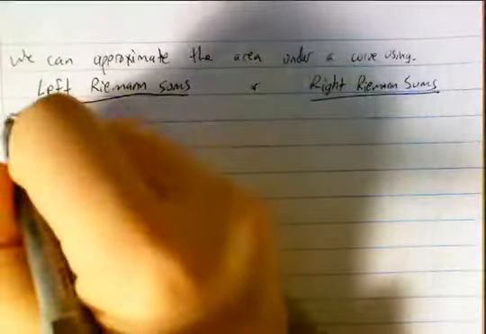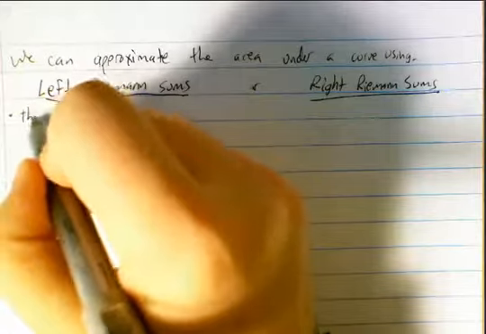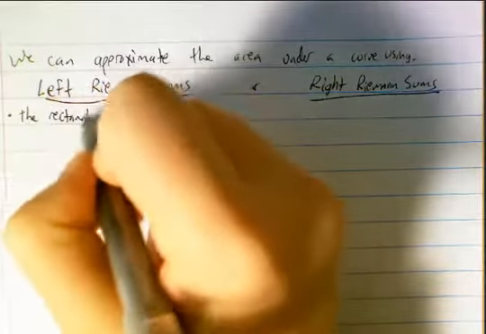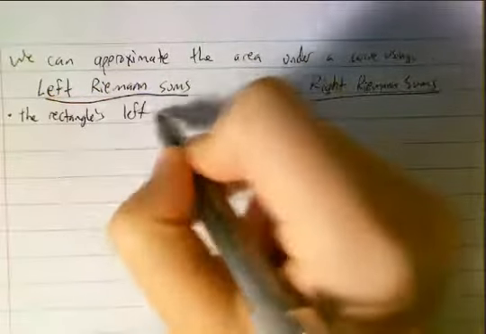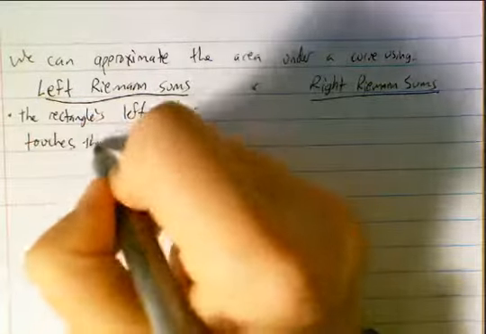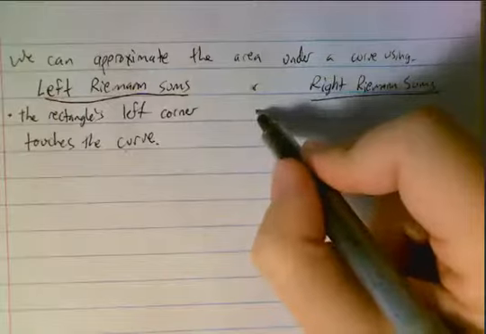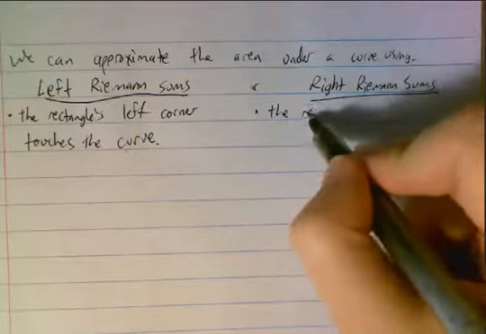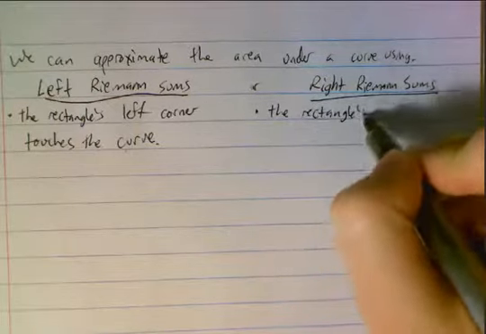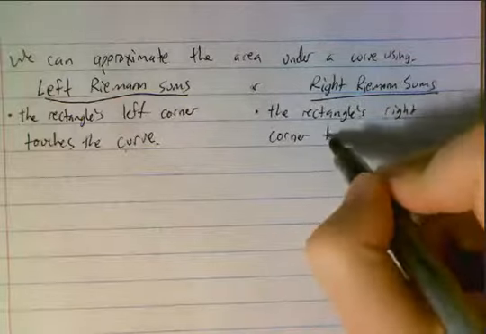Basically the difference is that with left Riemann sums, the rectangle's left corner touches the curve, and logically enough, for right Riemann sums, the rectangle's right corner touches the curve.